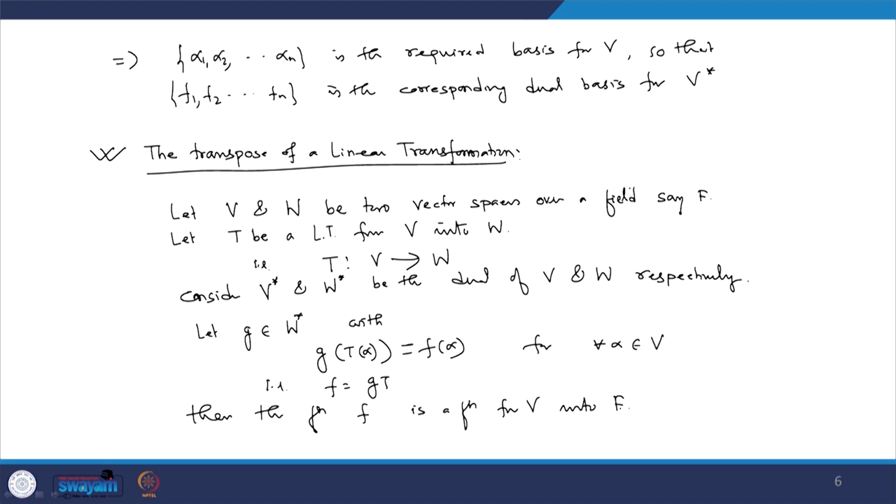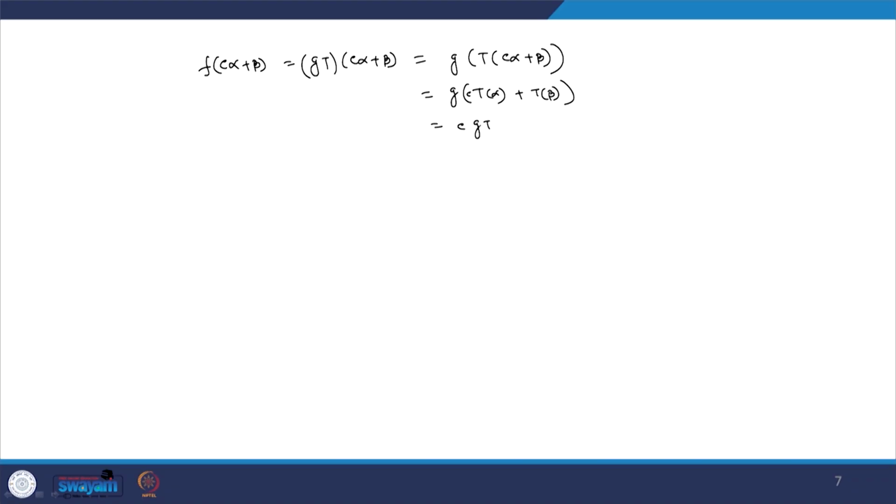Okay. So, if I consider f of c alpha plus beta equal to g T of c alpha plus beta, which is equal to g of T of c alpha plus beta, which is g of c into T of alpha plus T of beta, which is equal to c into g T of alpha plus g T of beta, please.